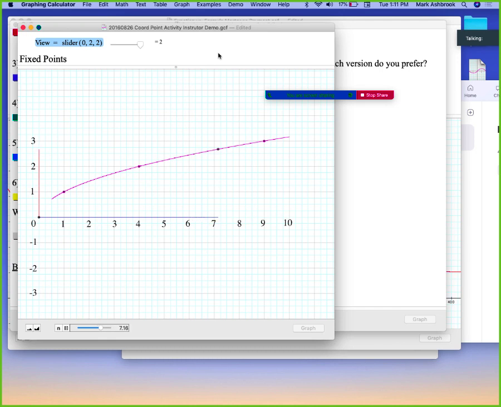You have 2 more command lines at the bottom, and I want you to make yours look like mine. So on the x-axis, I have a dynamic blue segment, and on the y-axis, I have a dynamic red segment, which is corresponding to the movable points.